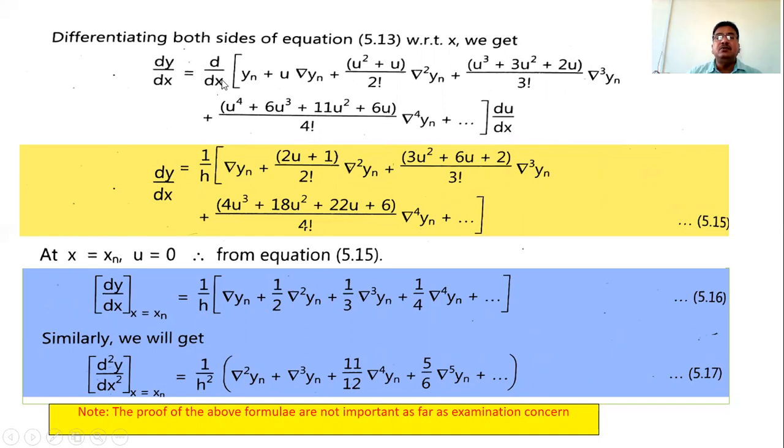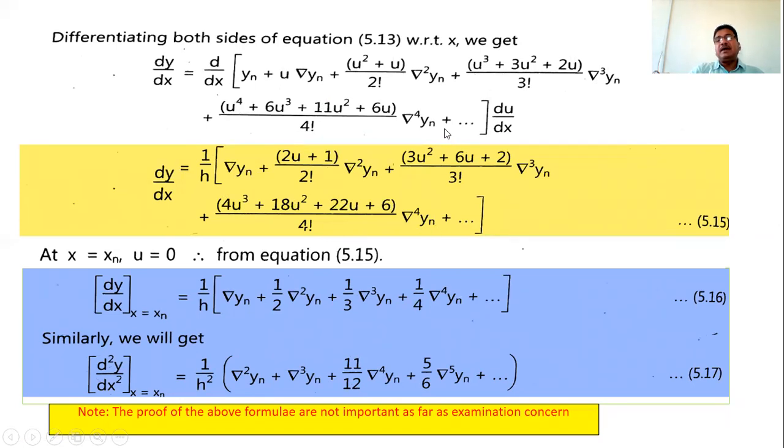So dy by du, right here notation u, so right in at the place of x, write u, and then derivative of this bracket is what? The derivative of yn is 0, derivative of u is 1, so del yn, then 2u plus 1 by 2 factorial del square yn, then 3u square plus 6u plus 2 by 3 factorial del cube yn, then 4u cube plus 18u square plus 22u plus 6 by 4 factorial del raised to 4 yn.